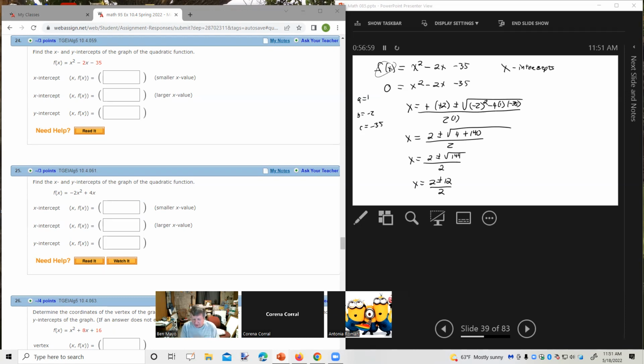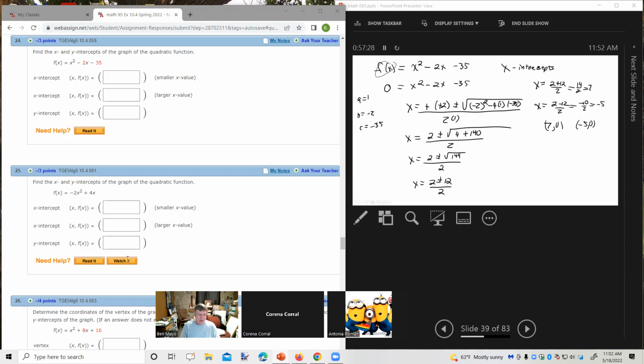I'll give you a minute to catch up here. So X equals 2 plus 12 over 2, which is 14 over 2, which is 7. X equals 2 minus 12 over 2, which is -10 over 2, which is -5. So the x-intercepts are at 7, 0 and -5, 0.